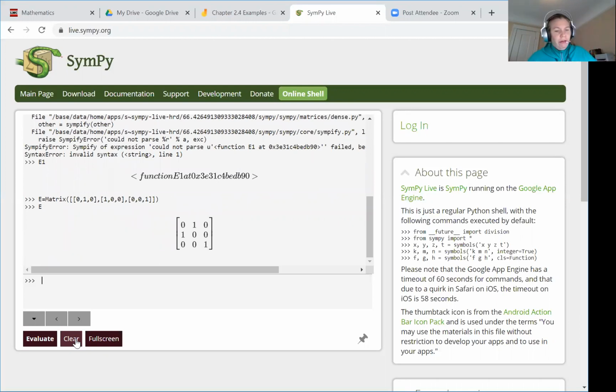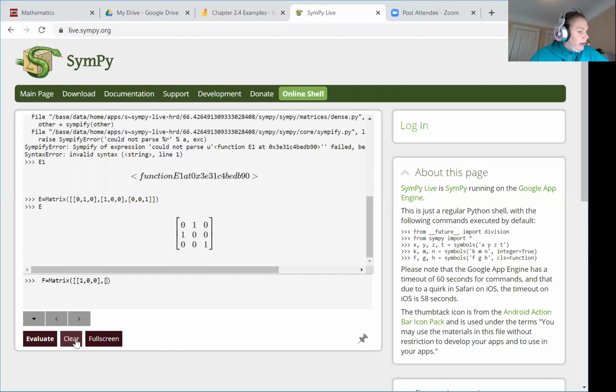Then we'll call matrix E2 F. So we'll say F equals matrix. That was multiplying row 1 by 3 and then adding that to row 3. So the top row here is 1, 0, 0.